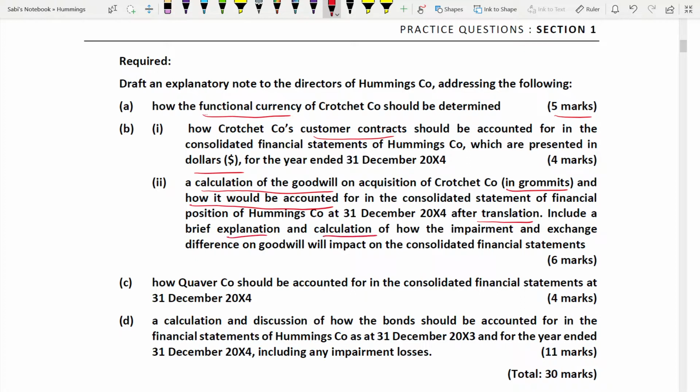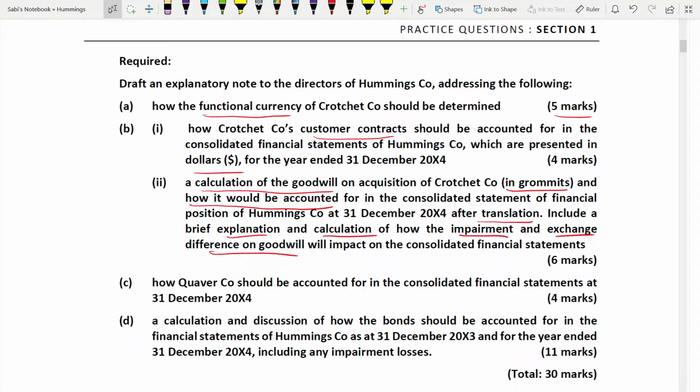Whenever they say explanation and calculation, remember you have to include both, of how impairment and exchange difference on goodwill, one relating to impairment, both explanation and calculation, and the other exchange difference on goodwill, both explanation and calculation. How this will have an impact on the consolidated financial statements, for 6 marks.